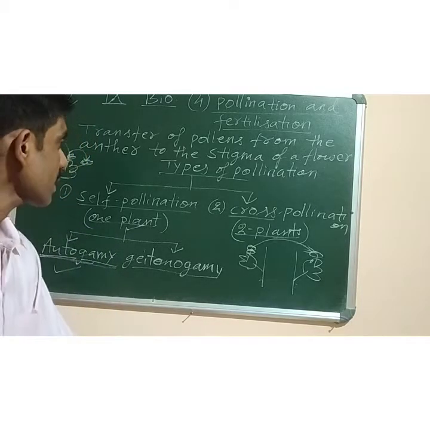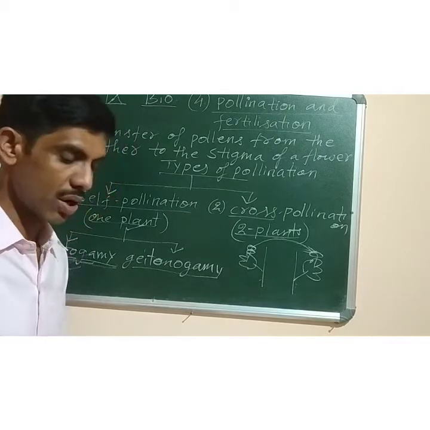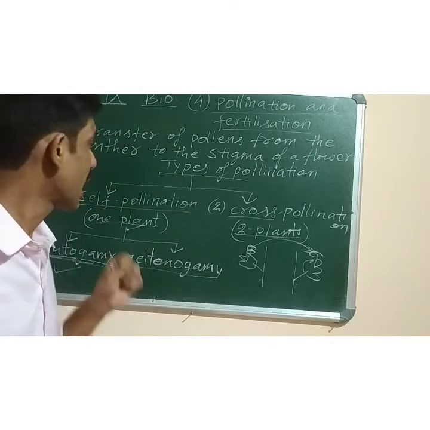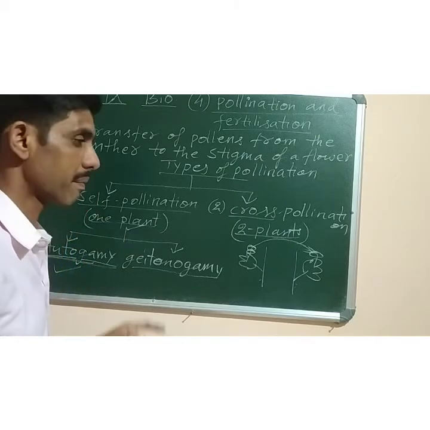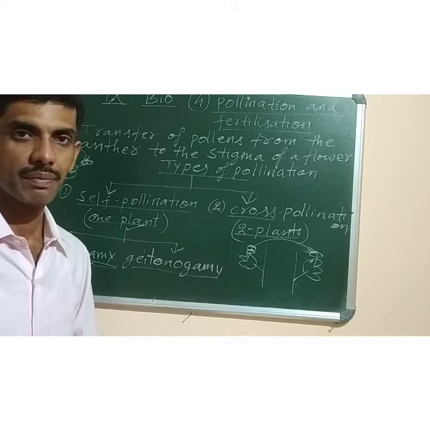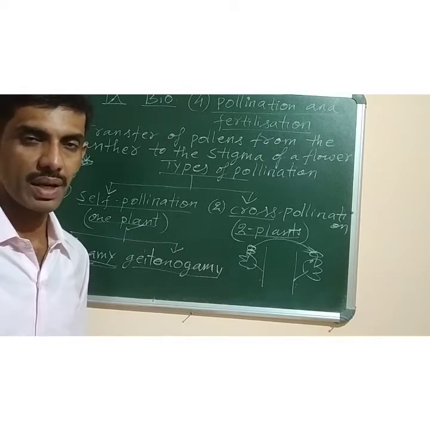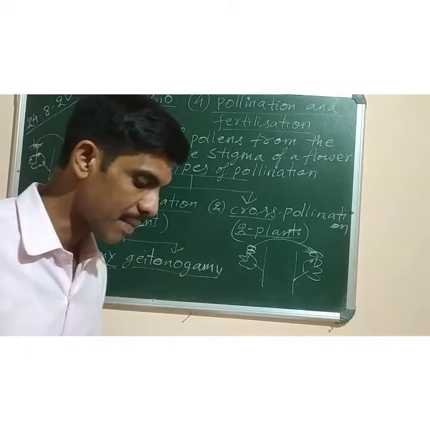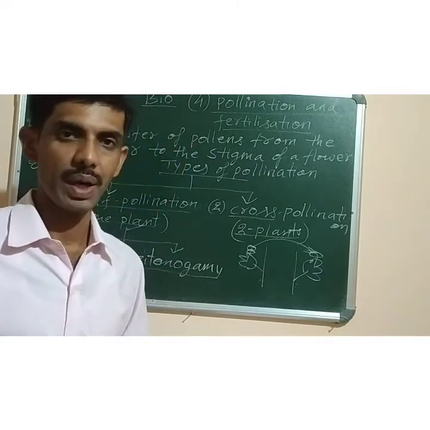Okay? So homogamy means the condition in which the anthers and the stigma, that is the male part of the flower, known as stamen, and the female part, that is carpel, mature at the same time, that is called homogamy.